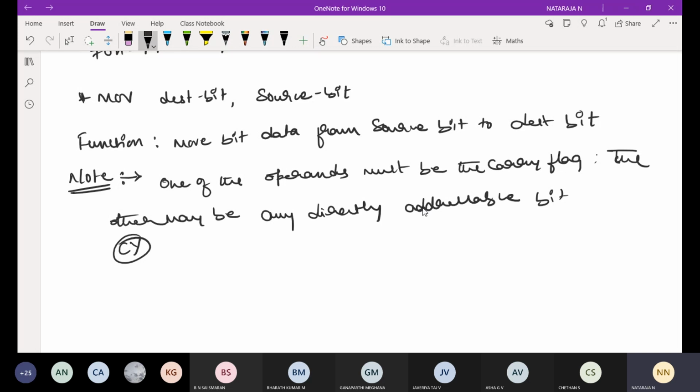Next we have an example for this. Example number 14: MOV C, bit. Operation: C is copied with the bit.